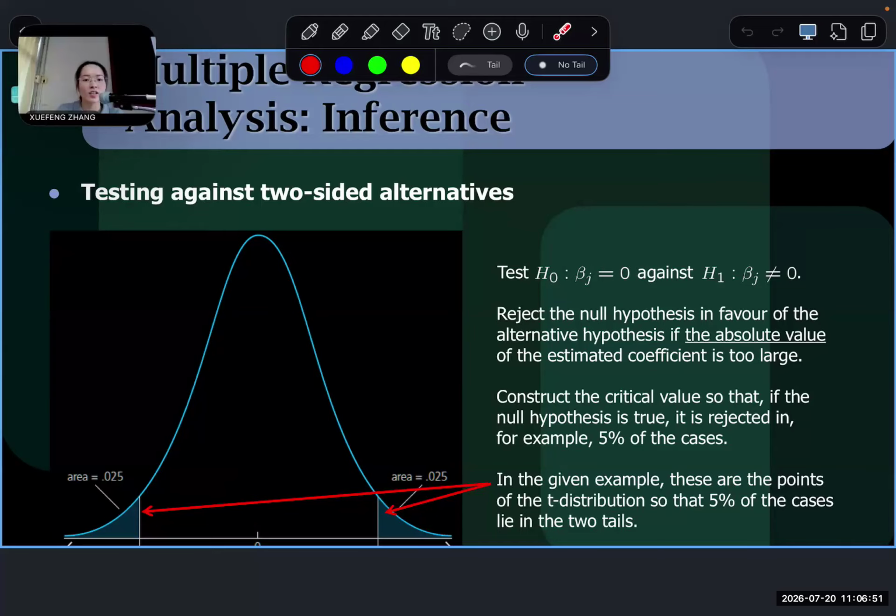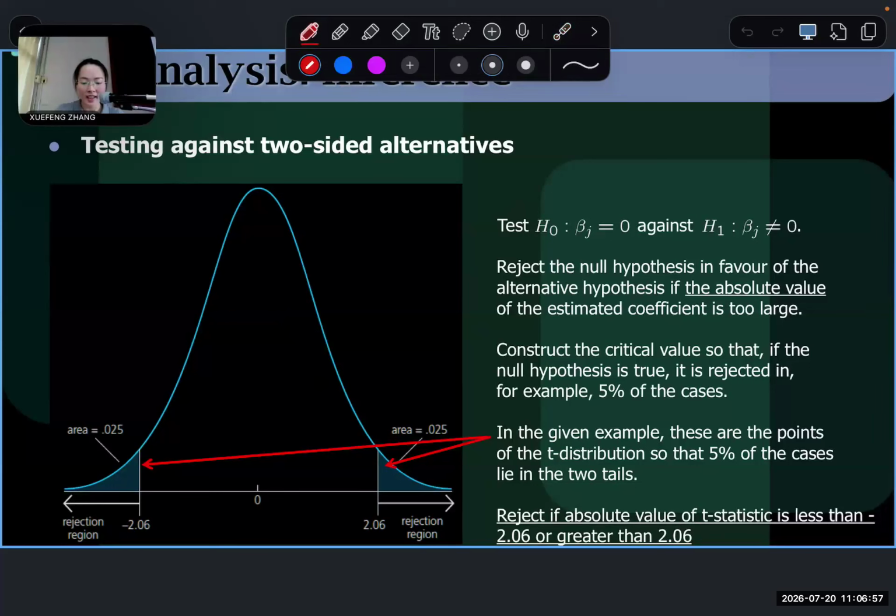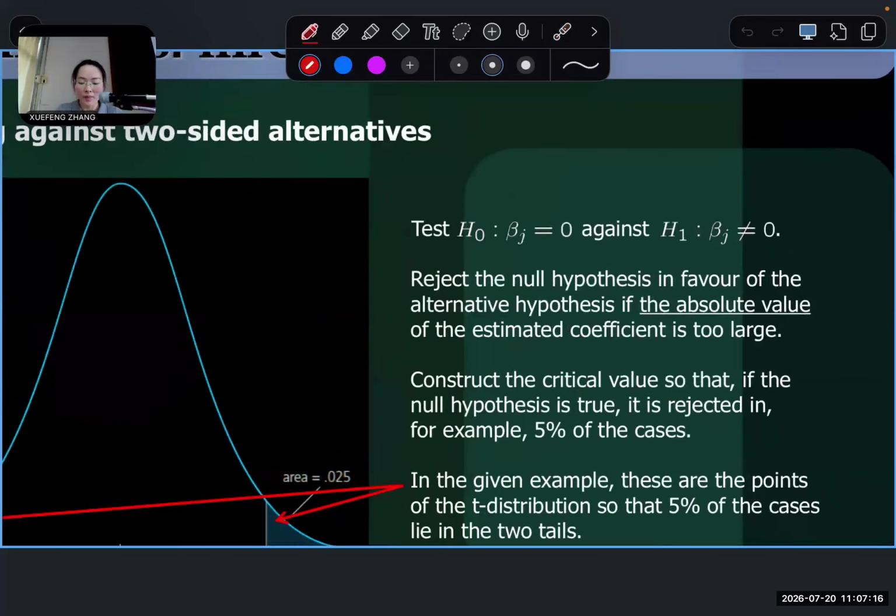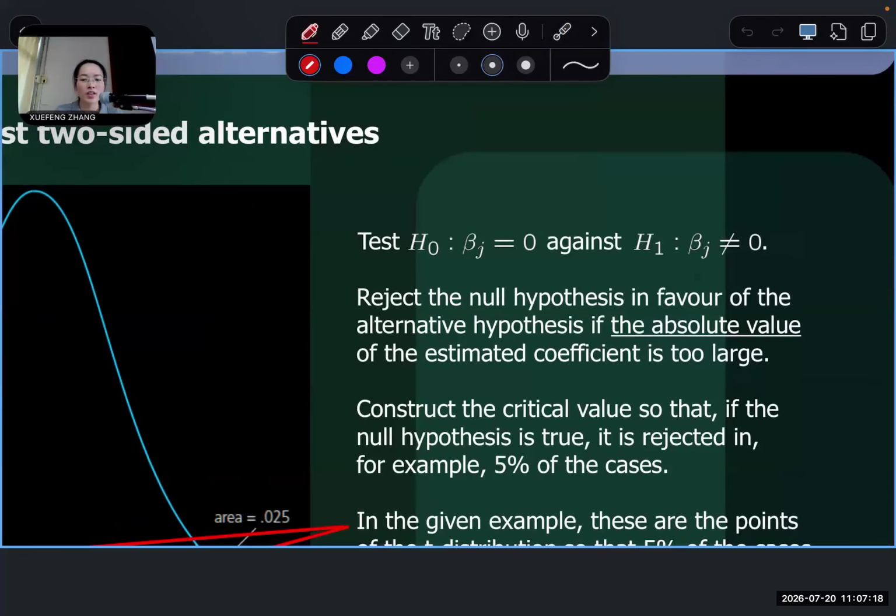This is the most common case in practice, two-sided tests. Here, we test our null hypothesis H0, which means beta j equals 0, against our alternative, the H1 hypothesis, beta j doesn't equal 0. This is more general because we don't know which direction.